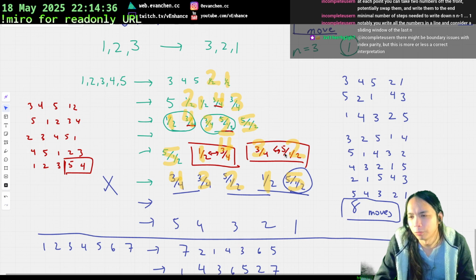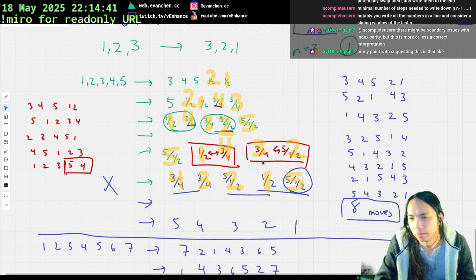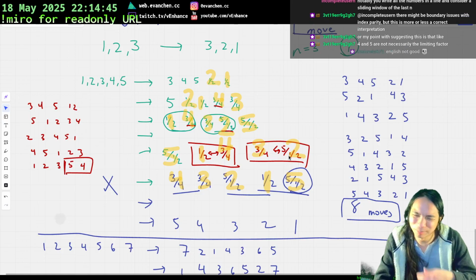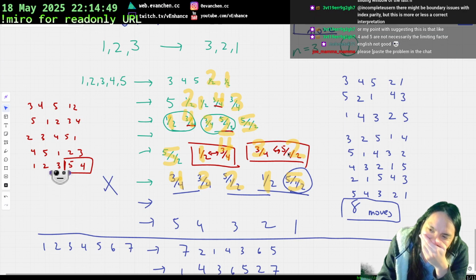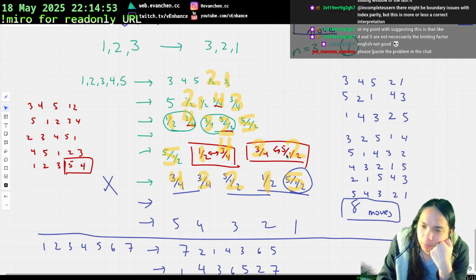So the claim is, if I'm trying to use this 5 instead, can I do it in... 5, 4... No, it's just slower, right?